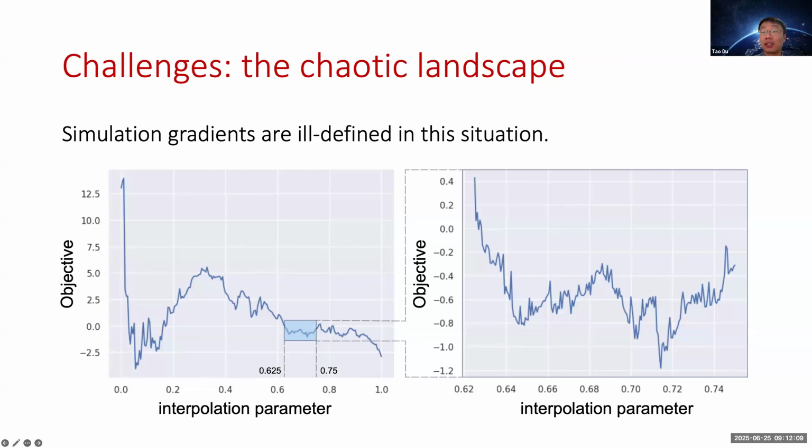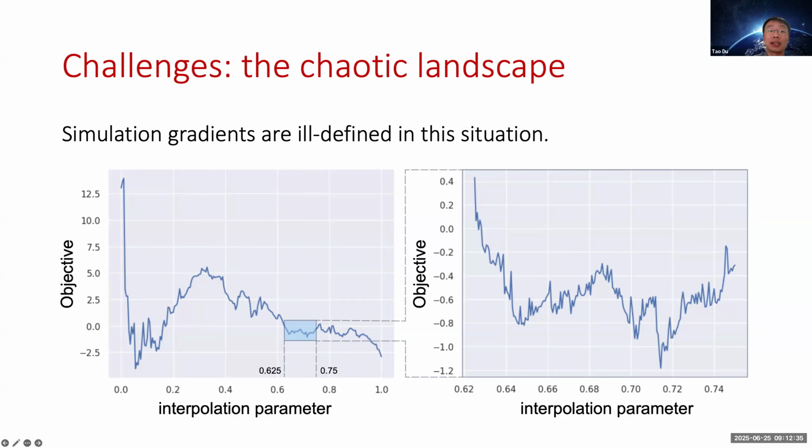So this naturally leads to a very chaotic objective landscape, as shown in the two figures below. The horizontal axis here represents an interpolation parameter that controls the seed's shape in simulation, and the vertical axis computes an objective of interest related to the flight performance over a long time horizon.